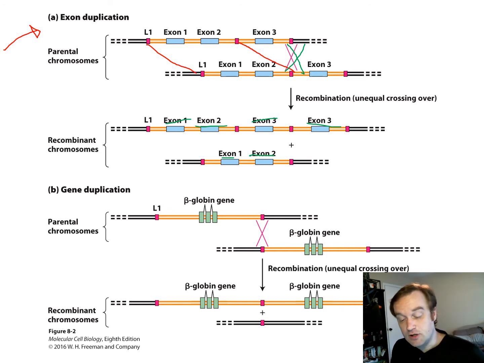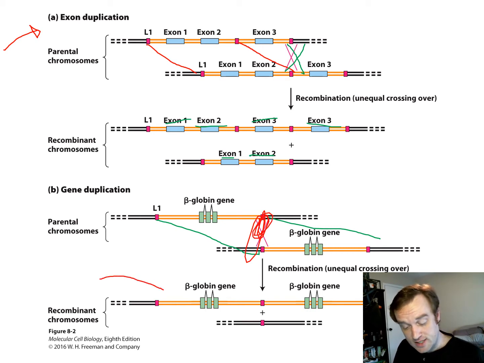Another example of how we can get entire gene duplication is through crossing over again, but in this case we have unequal crossing over during meiosis. What happens here is if we have a crossover event that is supposed to be between L1 and L2, but instead happens between L2 and L1, which we have in this section right here, we have a chromosome that has completely duplicated both genes, and then a second chromosome that is missing that gene.